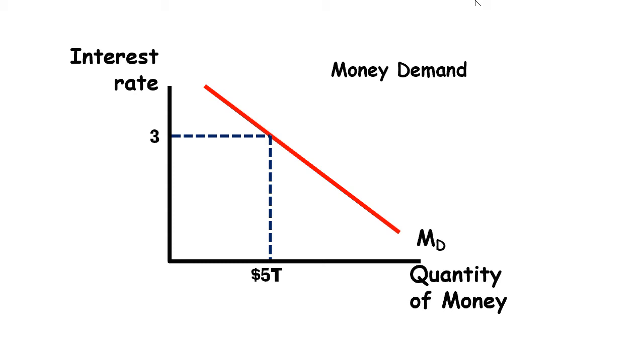But you've got to have cash for these transactions. And most of us put some money away for savings, for precaution in case we get a flat tire or have an emergency. We have some money in the bank that we can use to deal with that. Those things are not terribly sensitive to the interest rate.